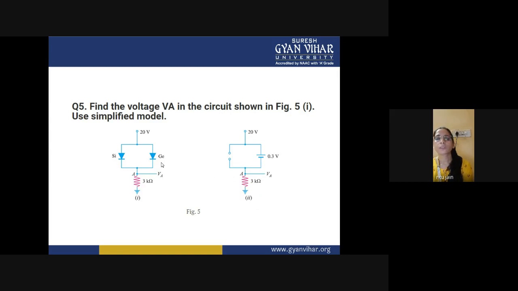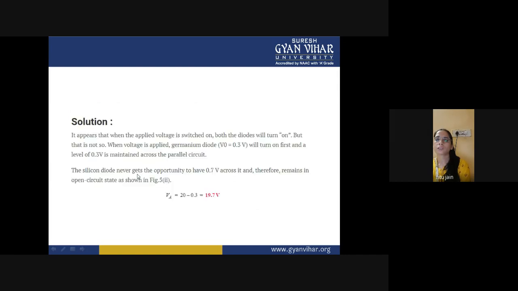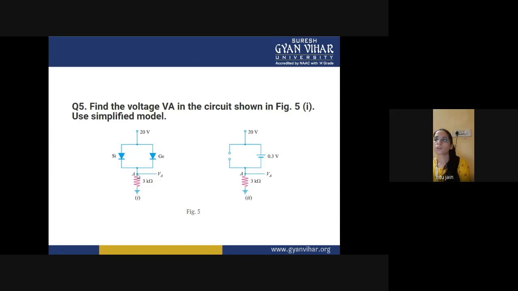You can see that the terminal voltage is 20 volt and two diodes are connected in parallel. One is made of silicon, one is germanium, and there is a 3 ohm resistance which is connected to the ground. The voltage across this point is VA.